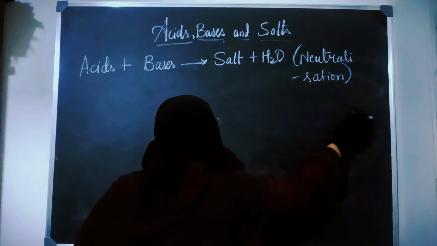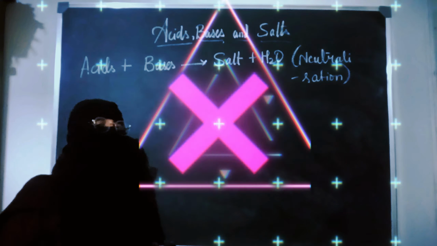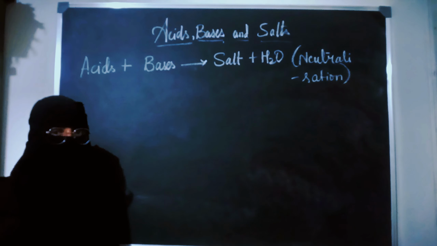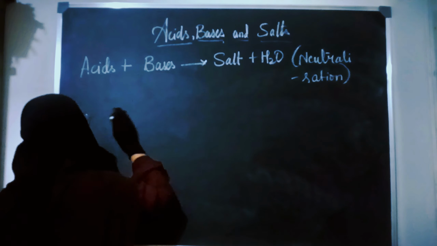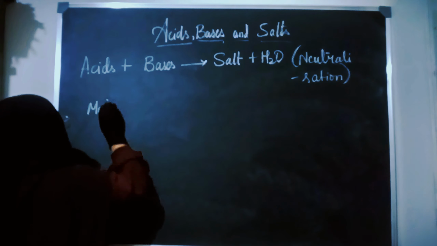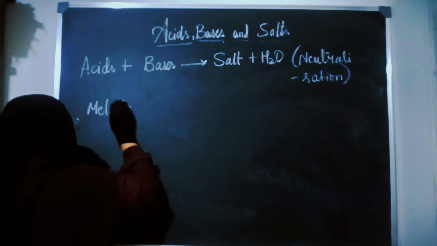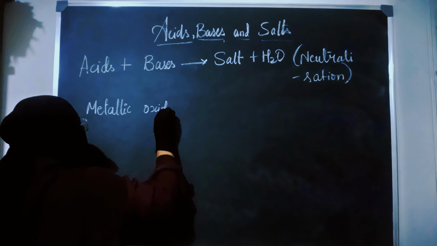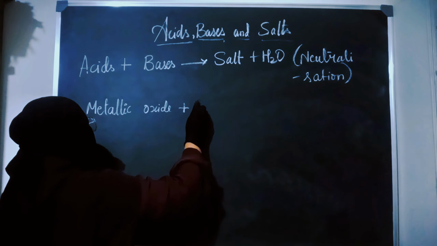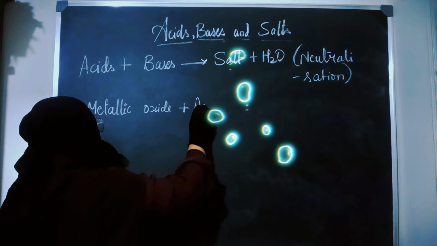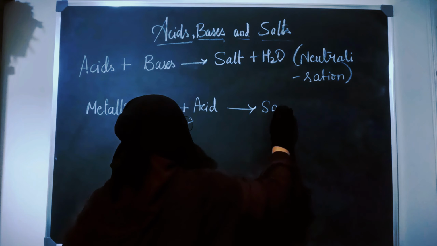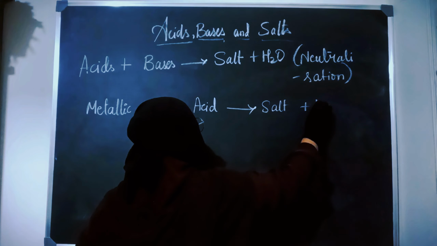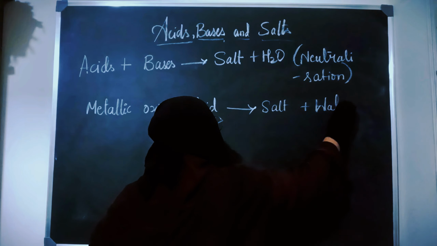Now, if the metals are reacting like this, the acids and bases are reacting with each other like this, through various experiments, it is observed that whenever a metallic oxide is made to react with the acid, it leads to the formation of salt plus water.